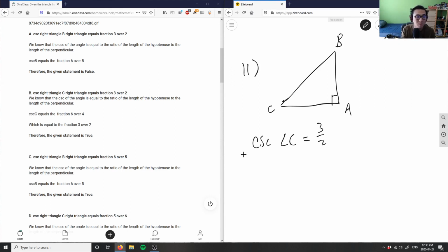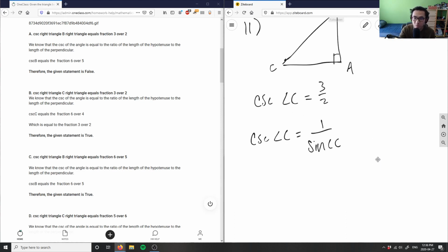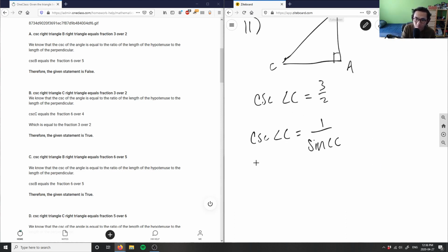Cosecant is a reciprocal trigonometric ratio, so cosecant of angle C is simply 1 over sine of C. We know that sine is opposite over hypotenuse, so cosecant would be hypotenuse over opposite. This is simply the reciprocal of sine.